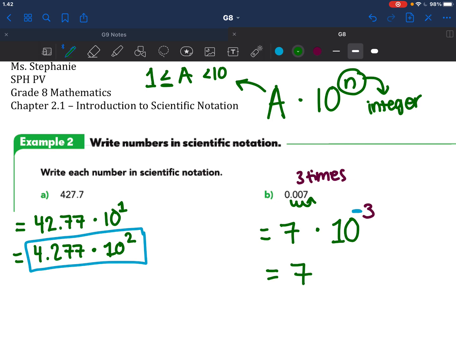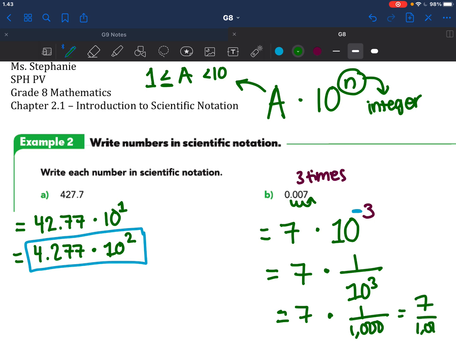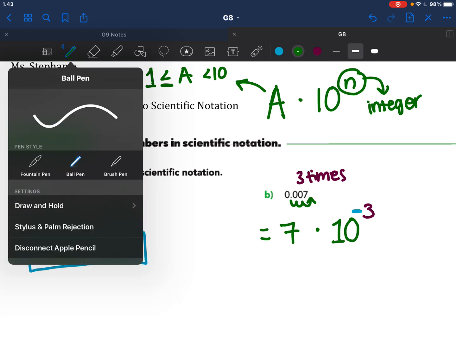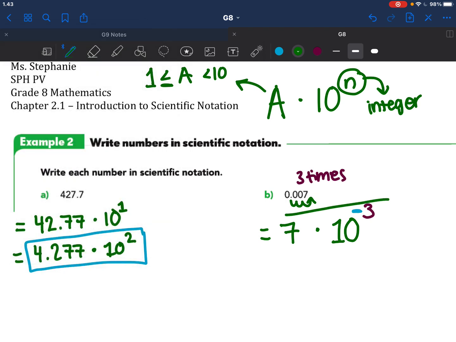You flip it, right? It's 1 over 10 to the power of 3. In other words, 7 times 1 over 1,000, which is correct. There you go. So that's another reason why we had to go over the exponent law, so that you guys can rewrite these standard forms to scientific notation. Okay?